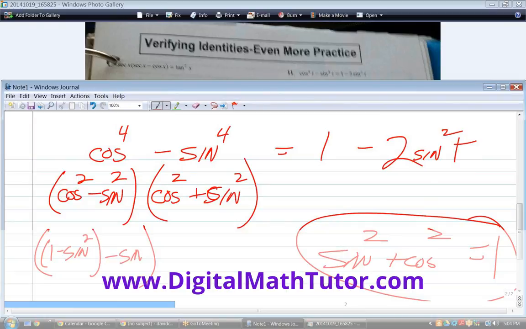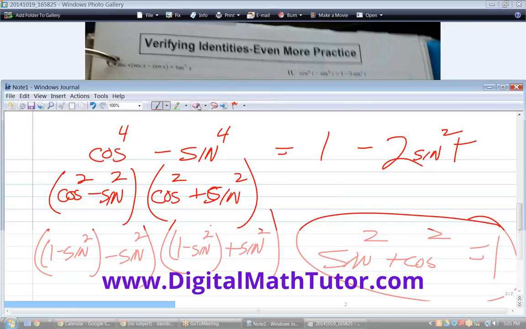Minus sine squared. And over here, that's the sum of squares, which we can't really do anything with, but we can replace the cosine with 1 minus sine squared plus sine squared.